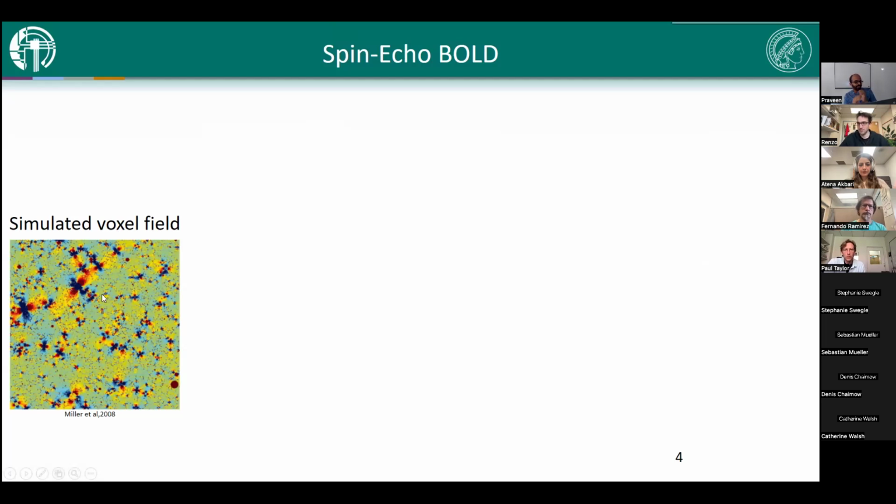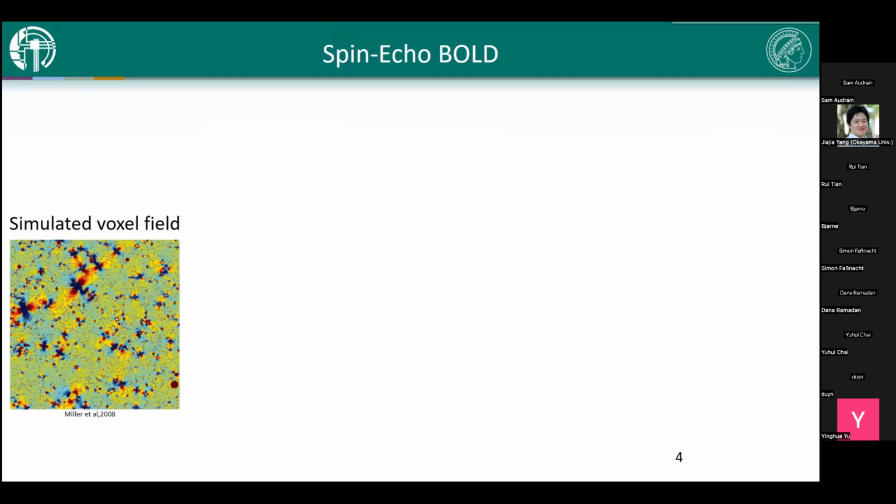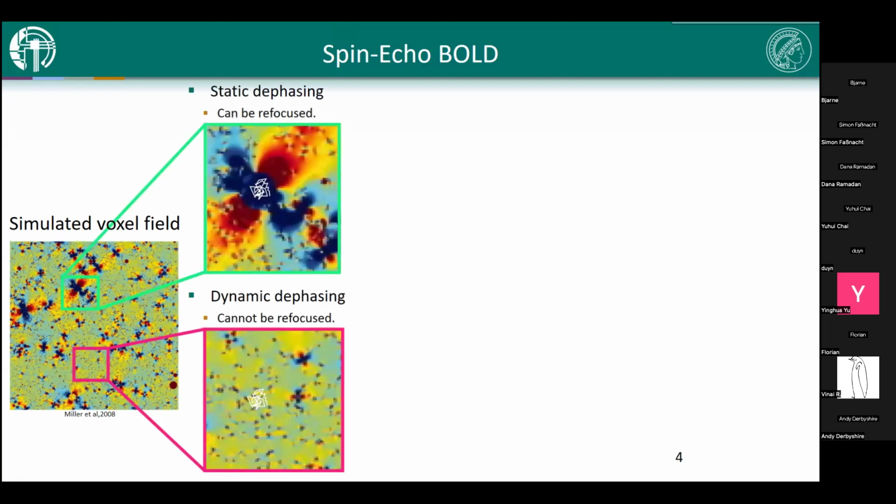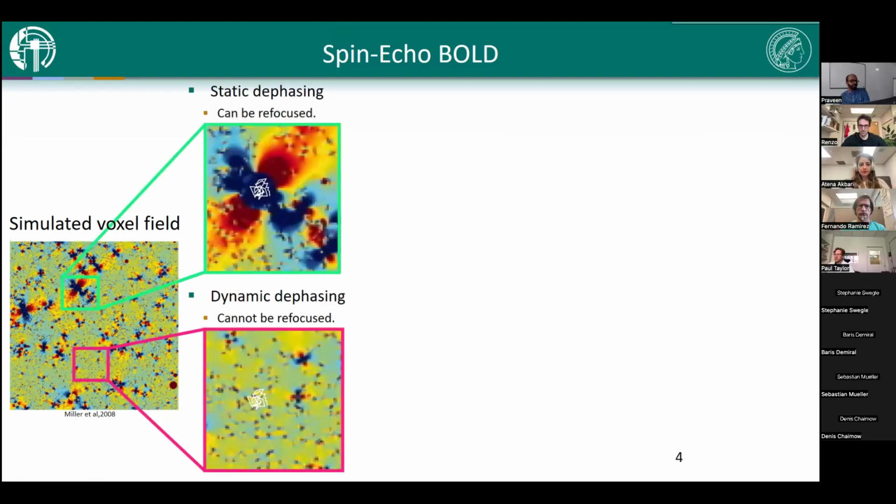And both vessels distort this B0 field because of the susceptibility effect of the deoxygenated blood. So when you have such a voxel, we are interested in the signal dephasing, which is the differential signal we detect as a BOLD signal.